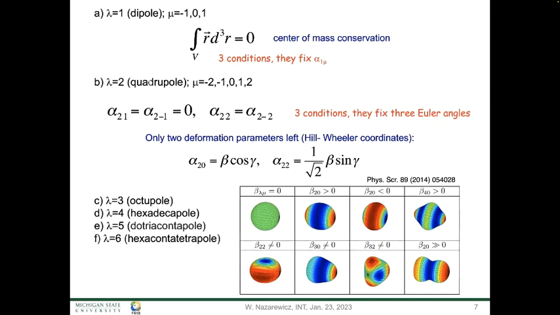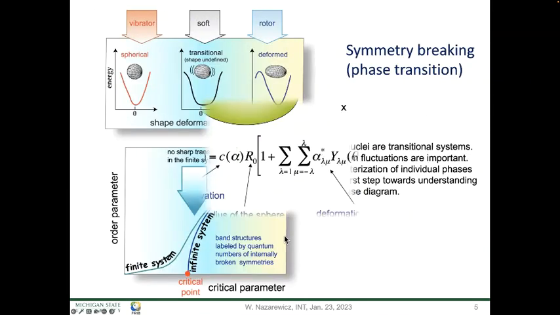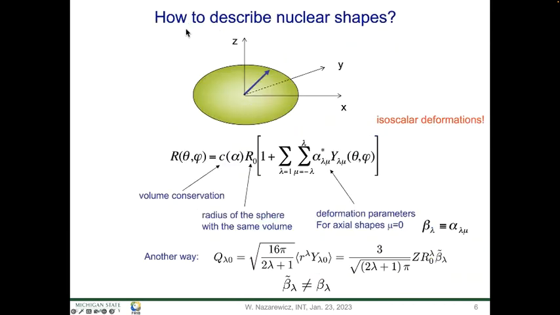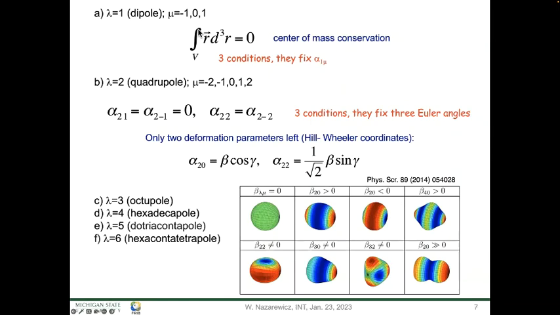So a quick discussion of the nomenclature. For lambda equal to 1, we are dealing with dipole deformations. There are 3 isoscalar dipole deformations, with magnetic quantum number mu -1, 0, and 1. But we also have 3 conditions to fix the center of mass of the intrinsic system.